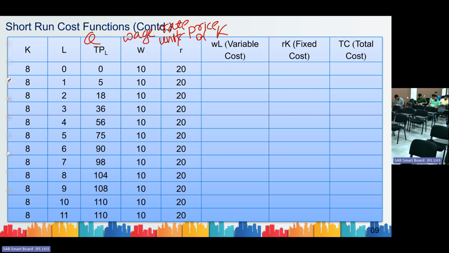Calculate the variable cost. Variable cost is for the variable input. What is the variable input here? Labor. Capital is fixed.